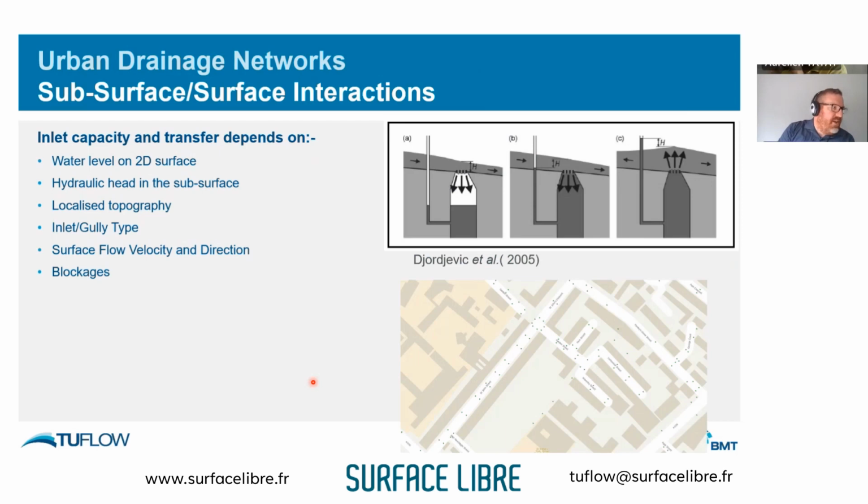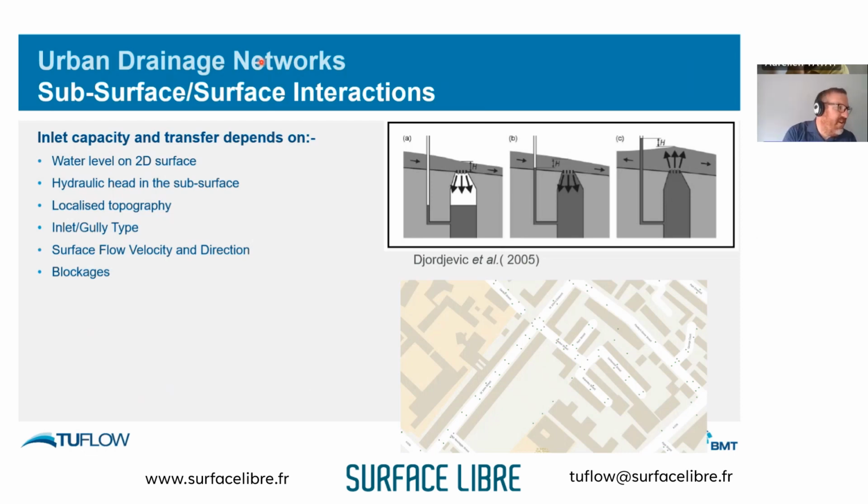Obviously, that 1D, 2D connection and that interaction between the subsurface and the surface depends on a lot of different parameters and circumstances. So obviously, it depends on the water level in the 2D surface. It depends on the hydraulic head and the capacity within the subsurface network. It depends on localized topography and the inlet gully type, surface flow velocity and direction.